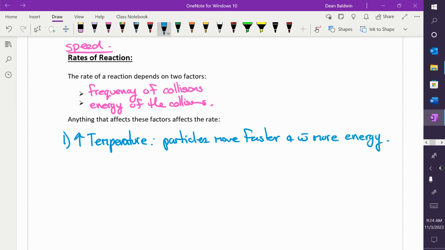So they collide more frequently, they have more energy, so more of those collisions actually break bonds. All right, what else? Can we think of anything else?